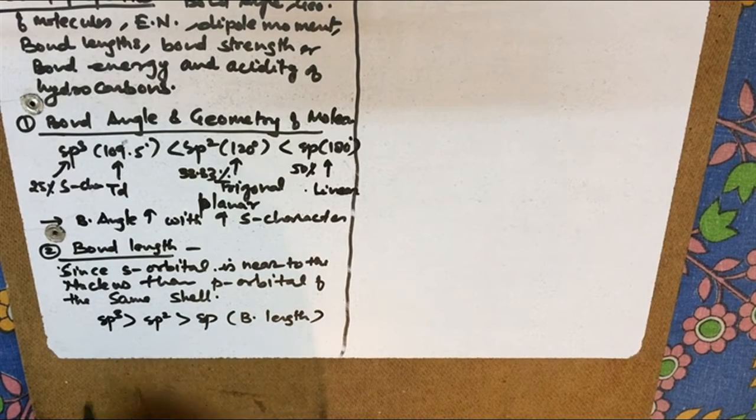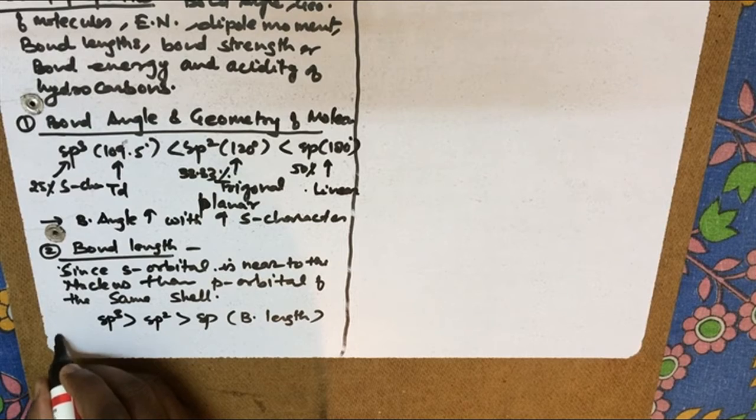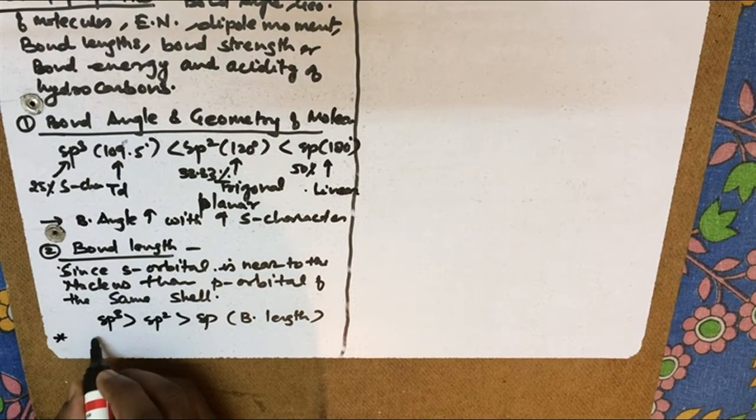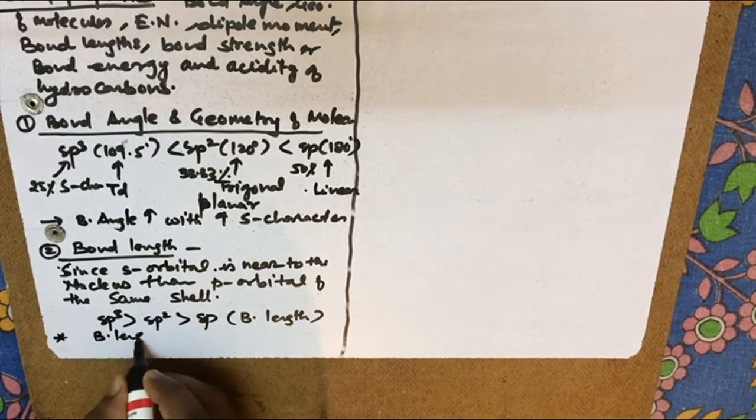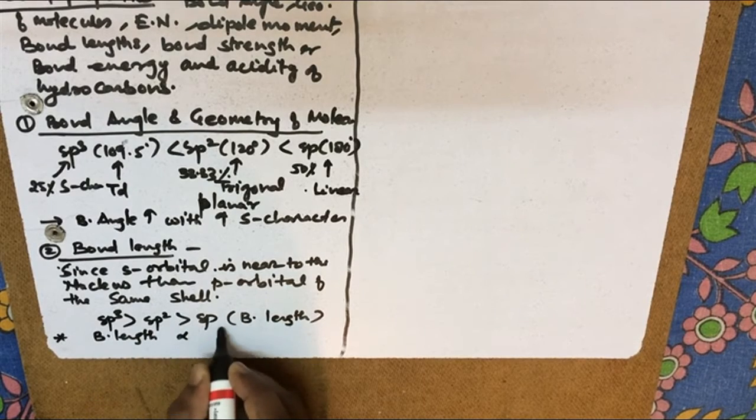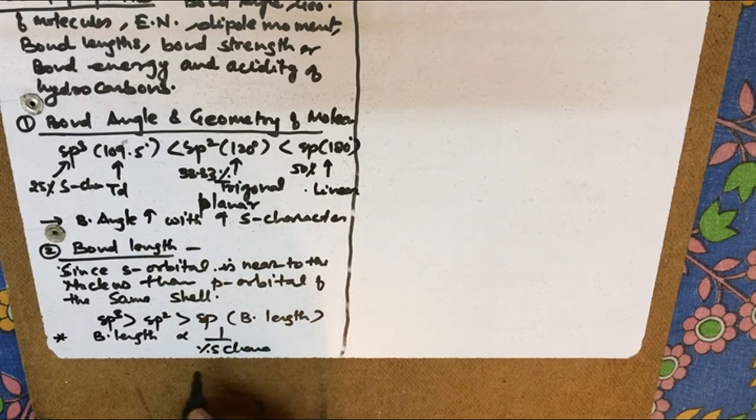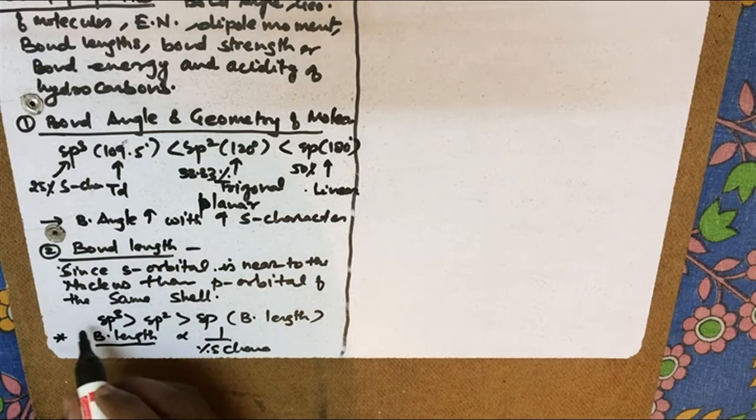Okay, so actually the bond length is inversely proportional to percentage of s character. If s character is low, then bond length will be high.